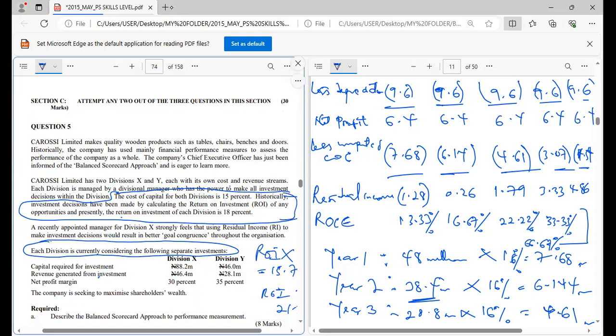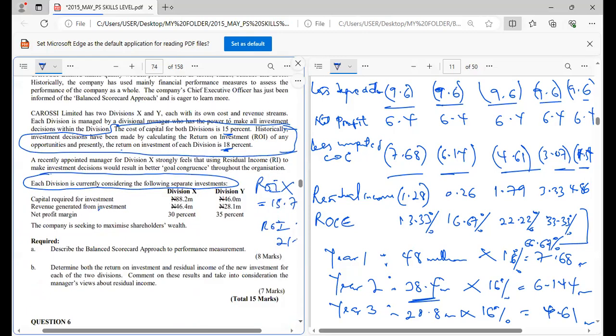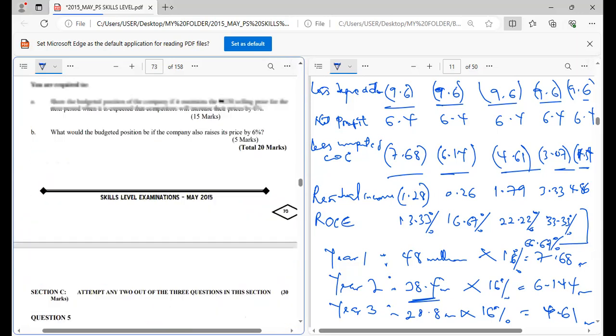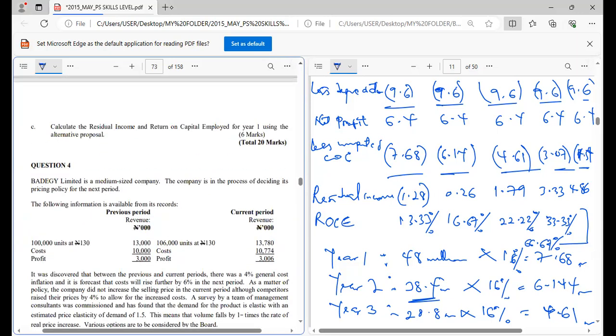You see that in this question 5, we are making use of this figure, 15%. We are comparing with 18. That's why I said you must read the question like a story to get all the points there. I advise that you first read the requirements before you go to the body of the question. The A is 8, this one 7, this other one 3 marks and 10 marks.